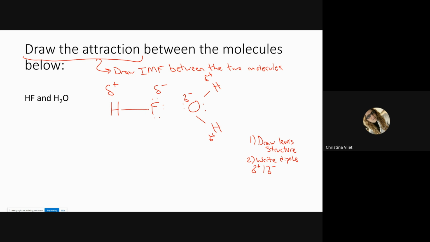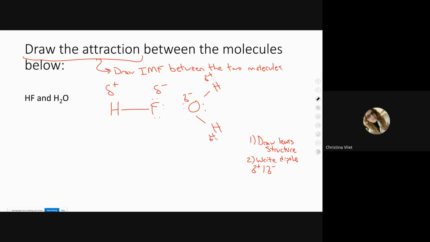So you're going to want to erase this, by the way. I'm just proving what the answer is. A negative and a negative is not going to attract. They're actually going to repel. Remember, like charges repel, opposite charges attract. So we would actually want to organize this the opposite way, where the hydrogen is close to the fluorine and the oxygen's facing away. So I'm going to erase this.